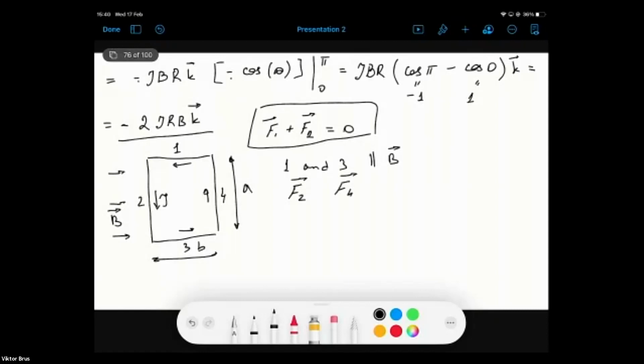By magnitude these forces will be equal, and this will be equal to the product of electric current, length of these sides, A times B, strength of the magnetic field.